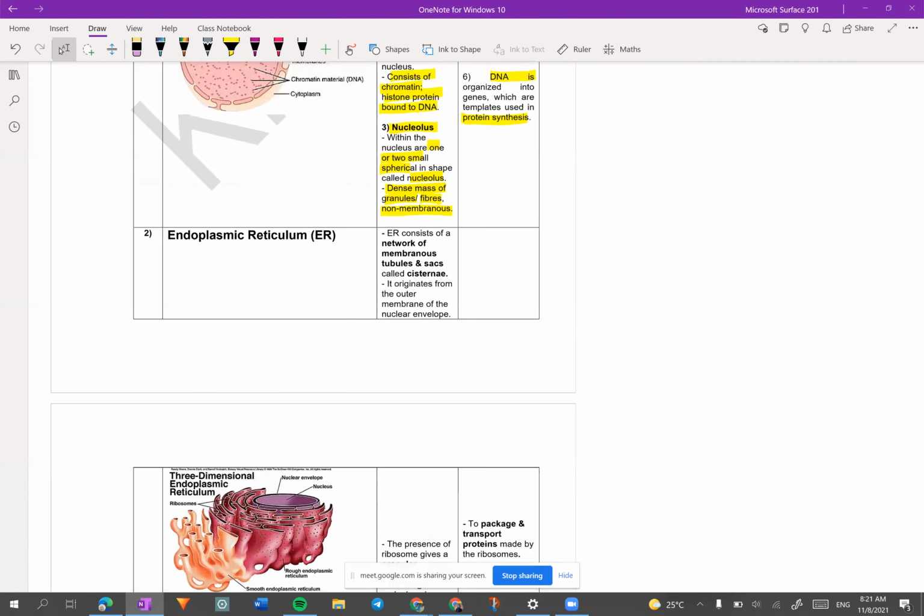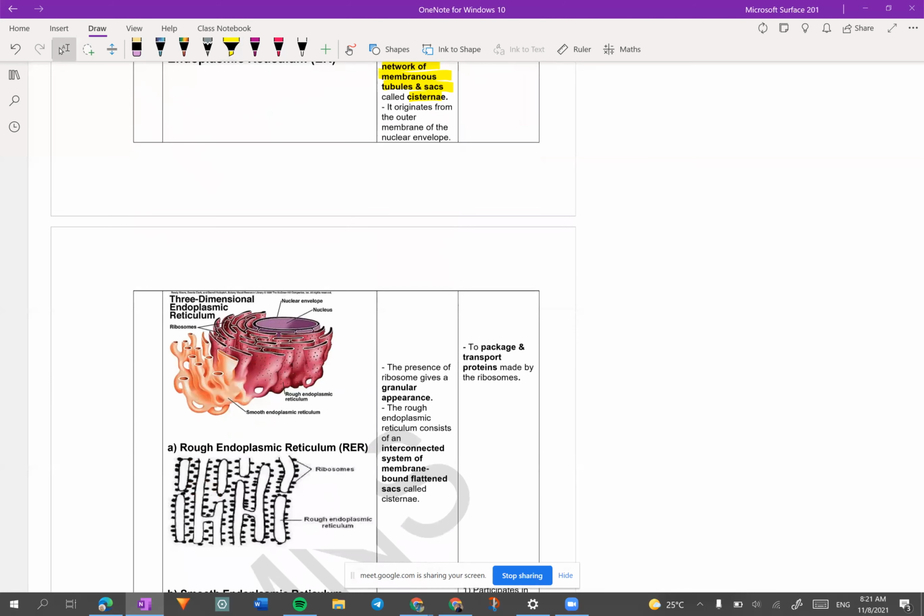So the ER consists of a network of membranous tubules and sacs called cisternae. So all these sacs, you boleh nampak dia macam kantung kecil-kecil, macam bag punya opening kan. So they are the sacs and they are also called cisternae.